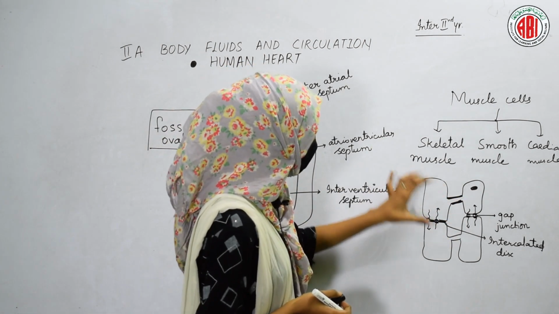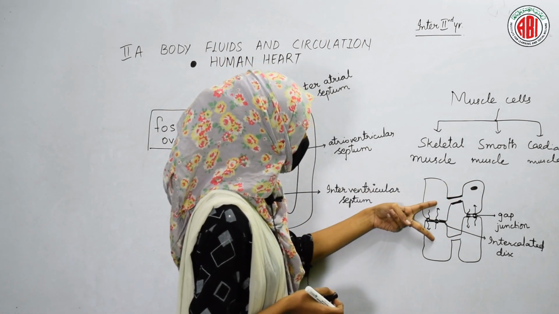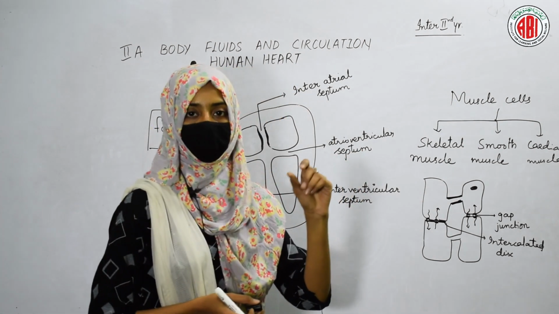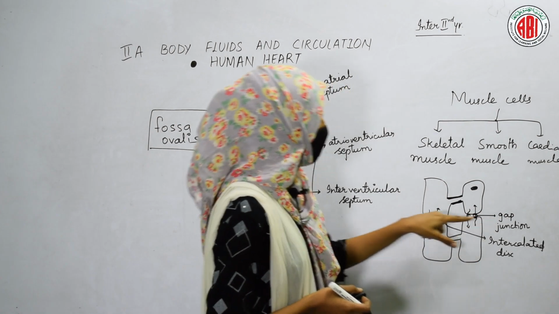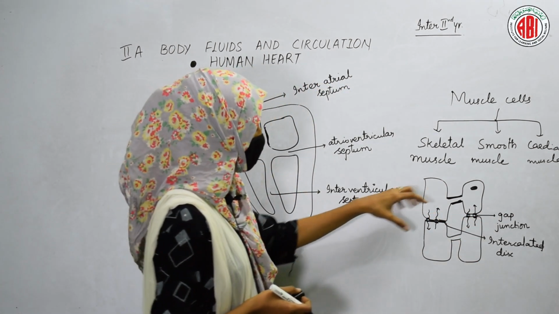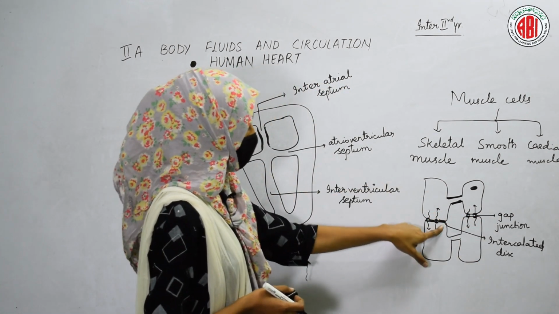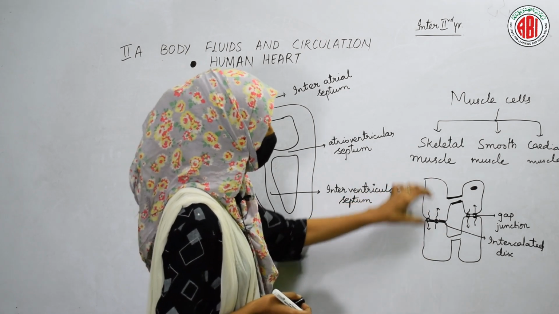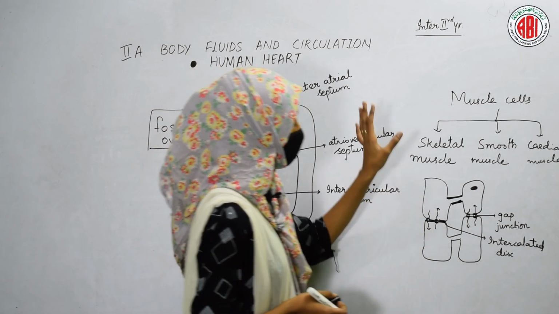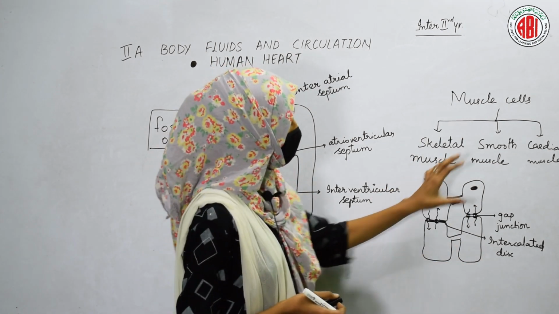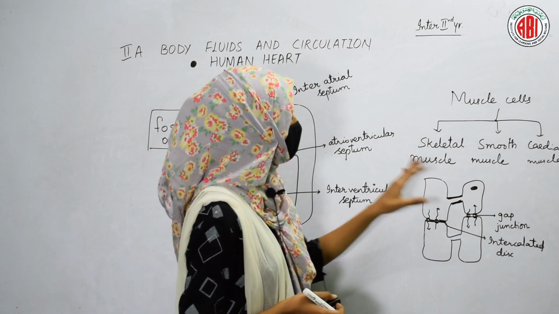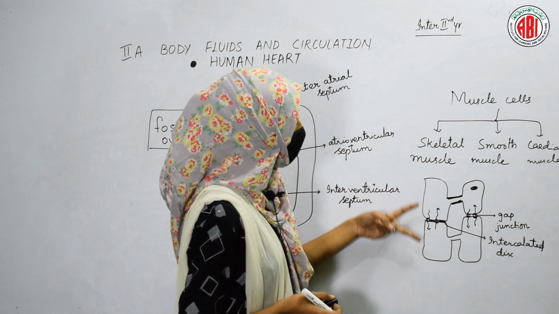So in between the two cardiac muscle cells, you can find some gap, and that gap is called gap junction. The disc-like structure found in between two cardiac muscle cells, we call that disc intercalated disc.